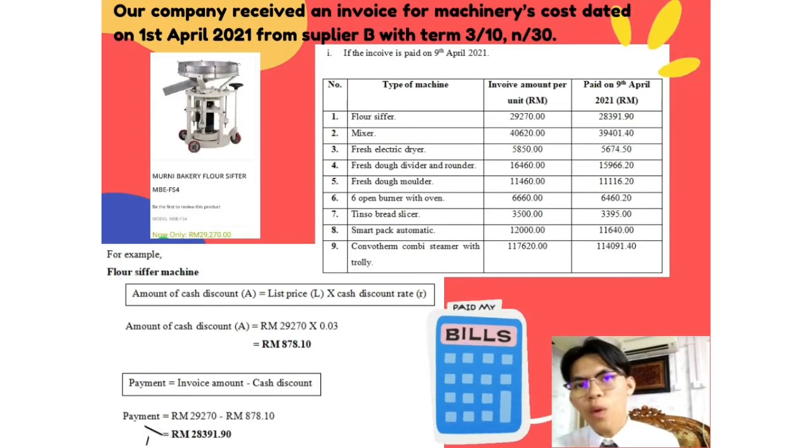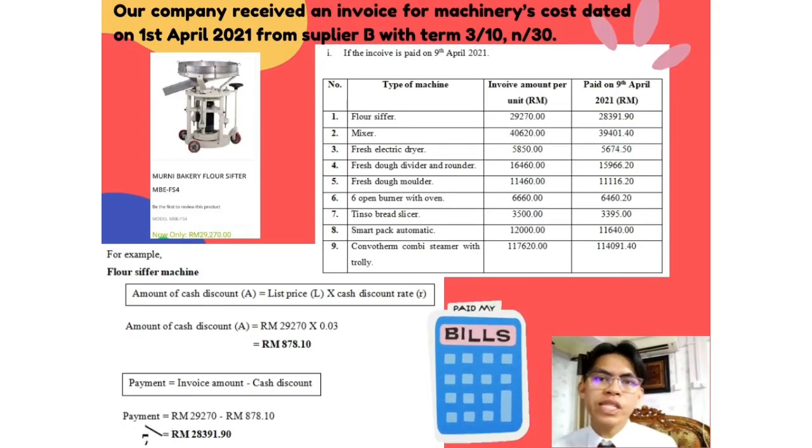Alright, next, our company received an invoice from Machineries Cost dated 1st April 2021 from supplier B with terms 3/10 and N/30. There are two situations. The first is if the invoice is paid on 9th April 2021, how much does supplier B need to receive from our company?